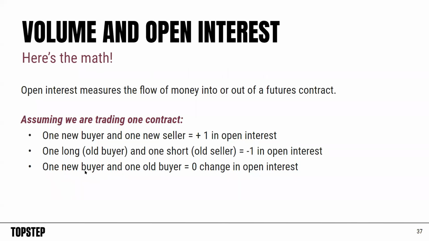A new buyer who's flat buys one from an old buyer who's getting flat. There is no change in the open interest in that regard. Think about when we have short covering, buyers coming in and meeting new sellers. There's no change in open interest in that regard.